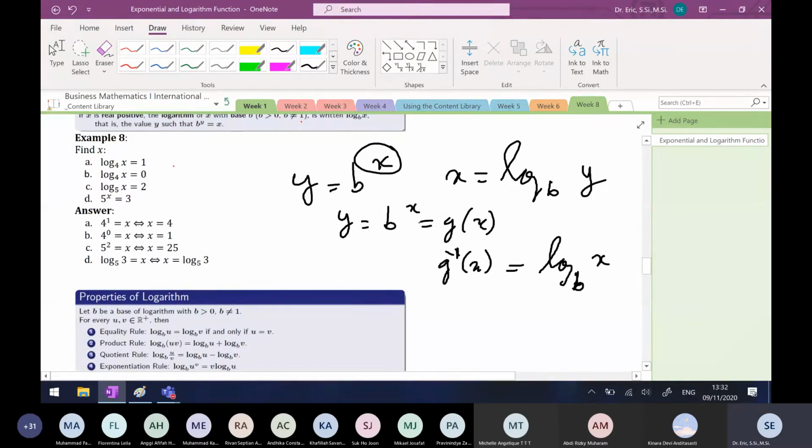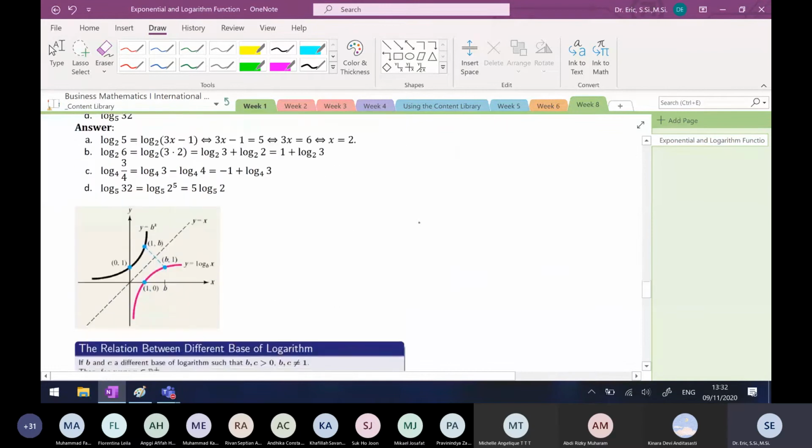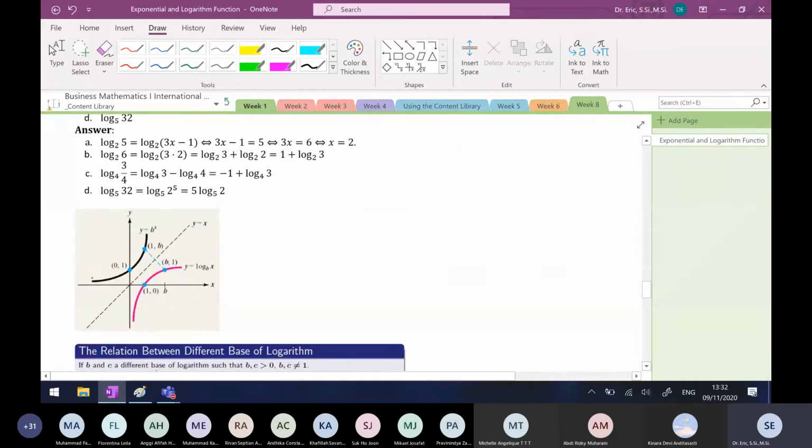If you remember, if I have y equals b to the power of x, how do I find the inverse? It is just reflecting it with respect to y equals x. So the logarithm will give you this kind of curve.